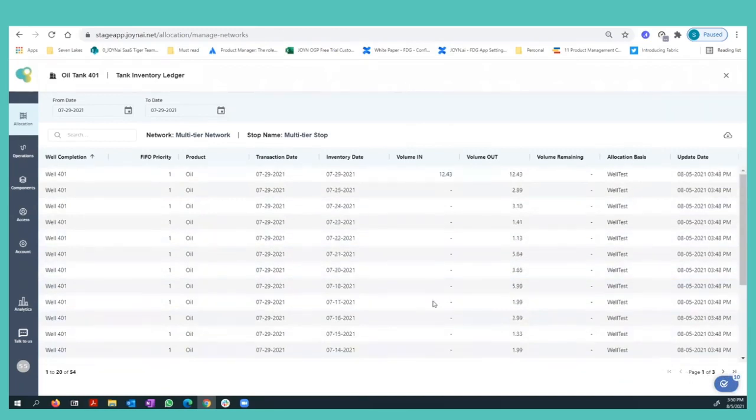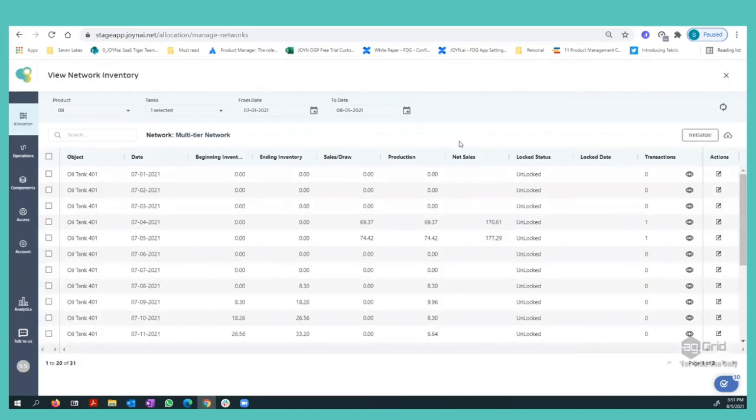So that's why when you see this, you would notice that there's inventory belonging to well 402 and 403, even for the dates of 23rd, 24th, 25th of July. But the inventories belonging to well 401 was drawn out. There's no remaining inventory belonging to 401. Okay. So this is how the override works.